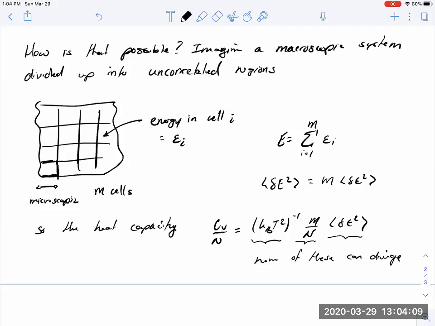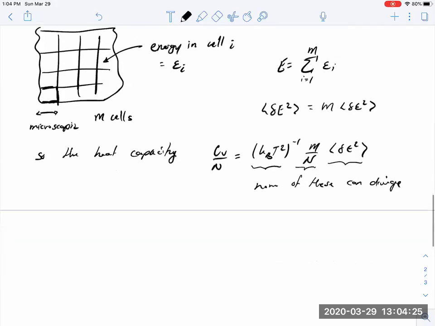And yet, it is observed experimentally that at the critical temperature, the heat capacity does diverge. So what must be going on? It must be that we can't actually divide up the system in this way at the critical point.